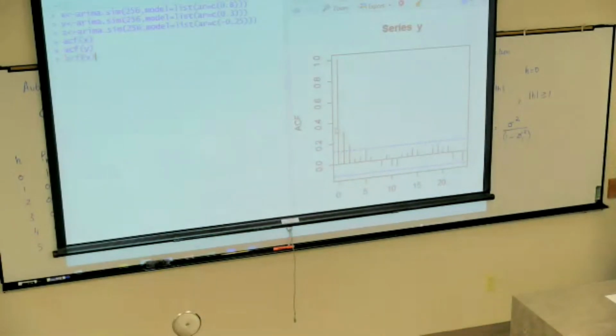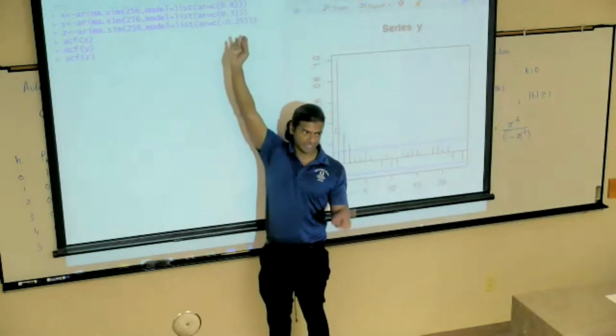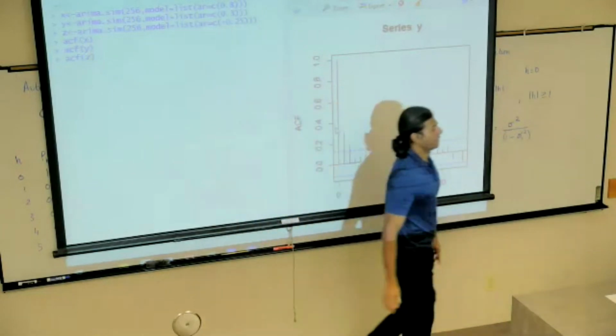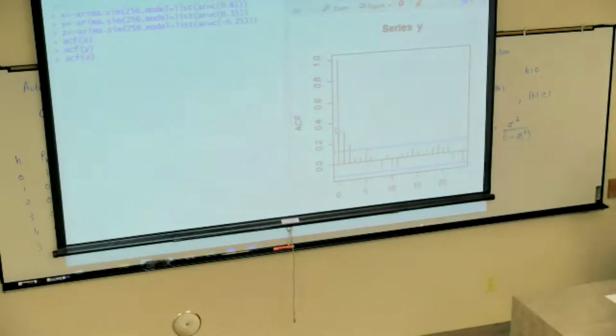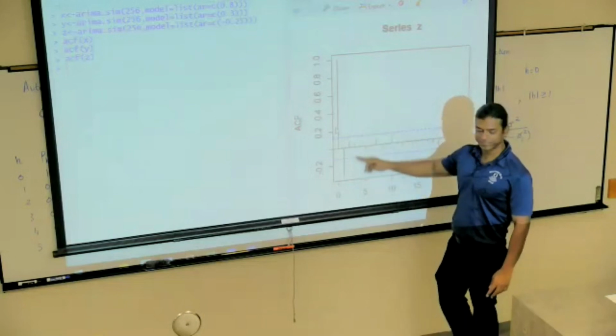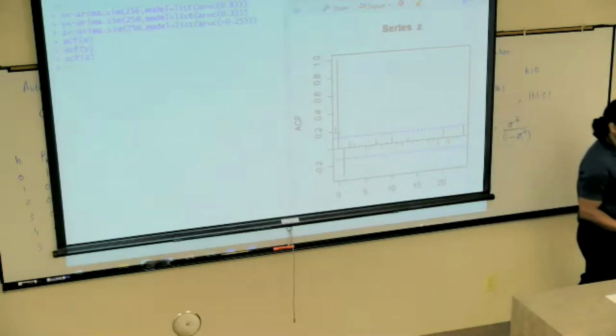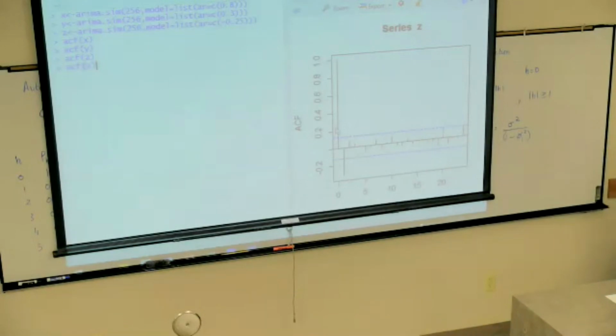Lastly, notice that phi_1 in this case is negative 0.25. So we will still have a decaying trend, but it will alternate. You see it's going back and forth. It's not very clear, so let me just increase it up to 0.95.